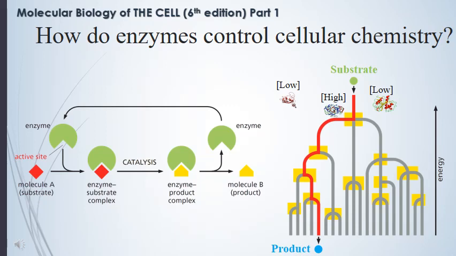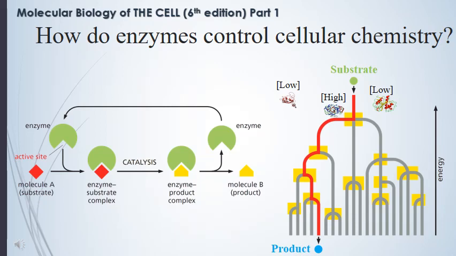But here we have, let's say, that substrate could undergo 3 different reactions. On this diagram, on the right, we have the 3 branches when the substrate approaches the crossroads there.